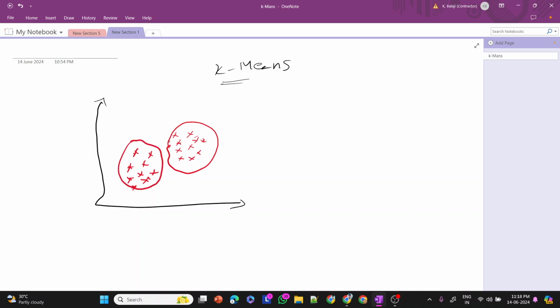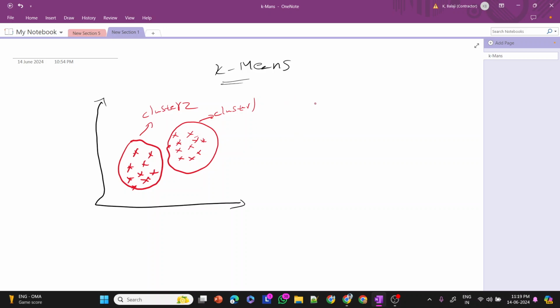It will find similarity between the points and make them into a cluster. This group is called cluster 1, and this group is considered cluster 2.